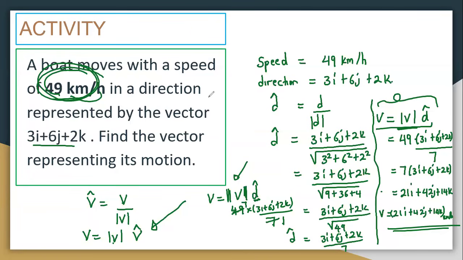Alternatively, if you had entered this 7 inside and done 3 out of 7 i plus 6 out of 7 j plus 2 out of 7 k, and you multiply with the 49, you say 49 times 3 out of 7 i plus 49 times 6 out of 7 j plus 2 out of 7 times 49 k. Then you can reduce by 7, and 7 times 3, you get the answer.